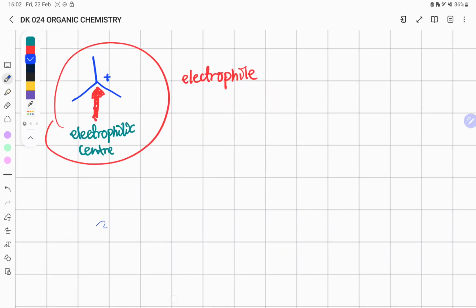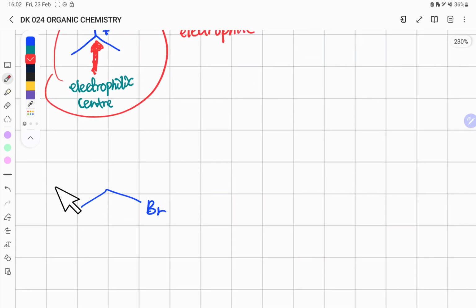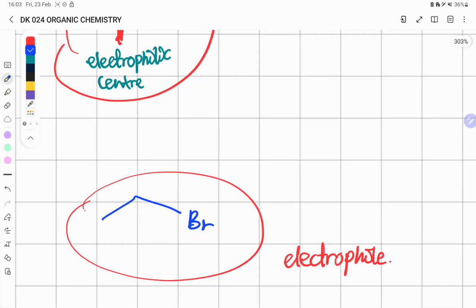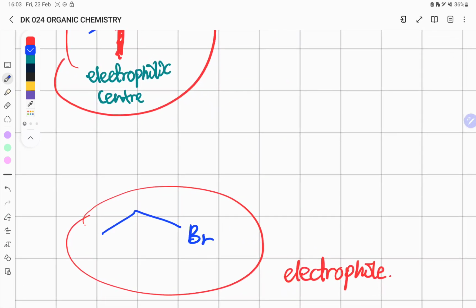Let's say I have this. Okay, Br. So ini adalah neutral compound. Tapi this whole thing adalah electrophile. Kenapa dia electrophile? Sebab kalau kita tengok dekat sini, antara Br dengan carbon, siapa lagi elektronegatif?